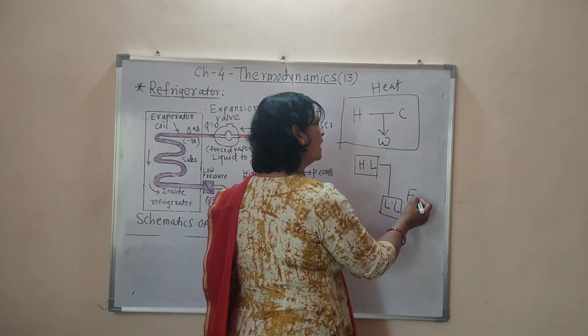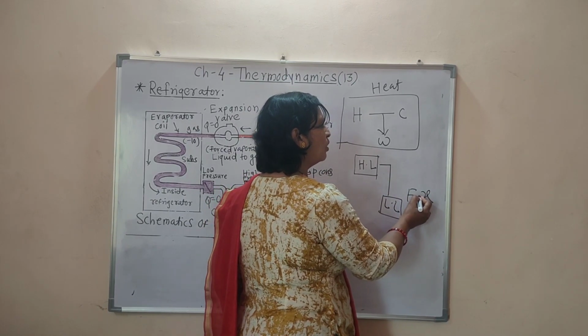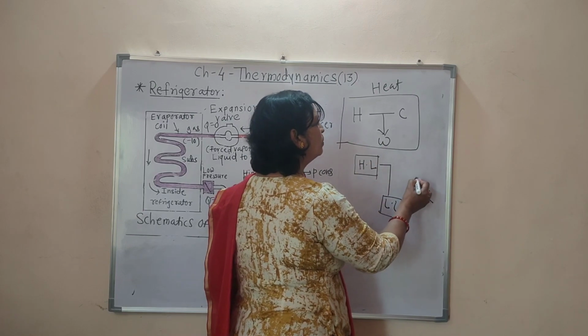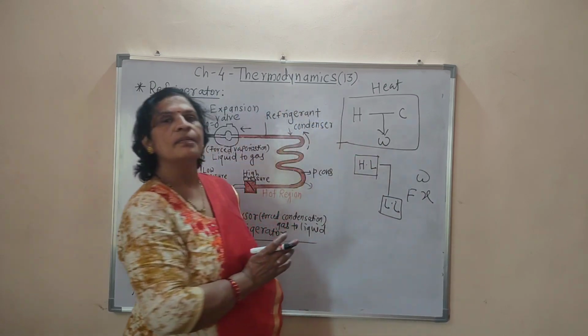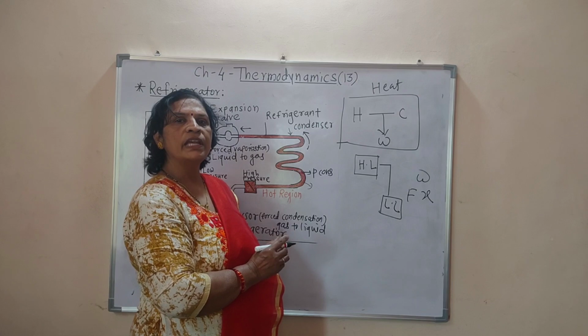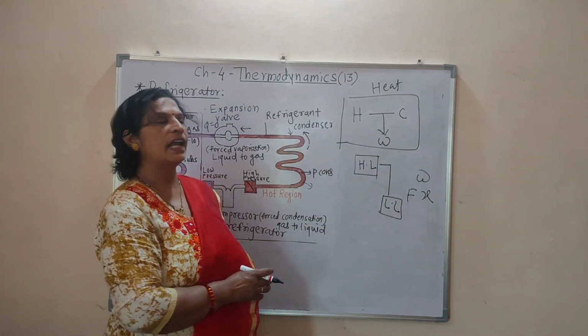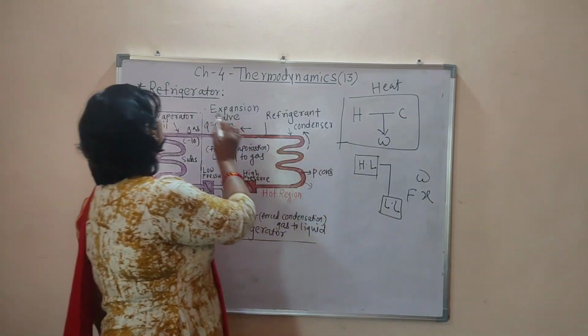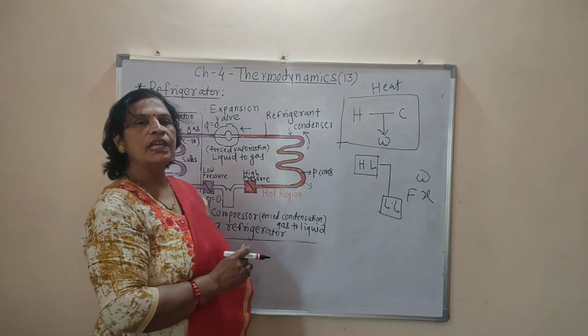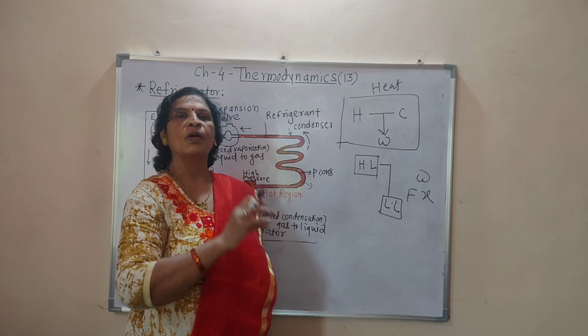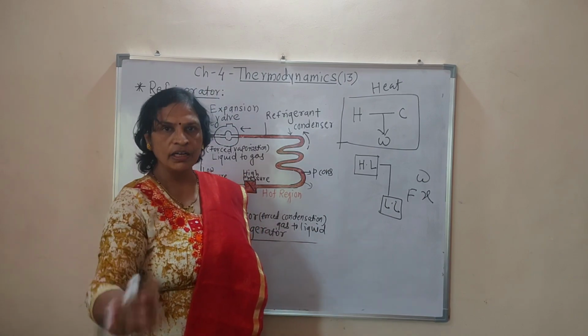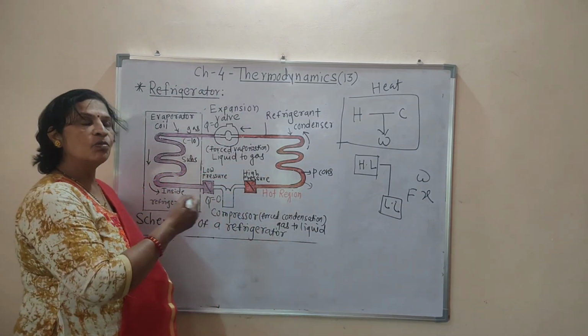Due to that force there is displacement of the water, and due to that there is work. Like that, in a refrigerator we have to transfer heat from a colder region to a hotter region by doing work.